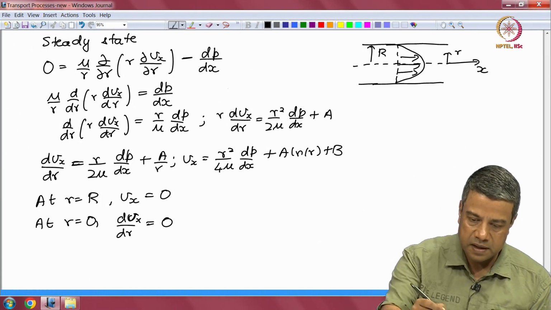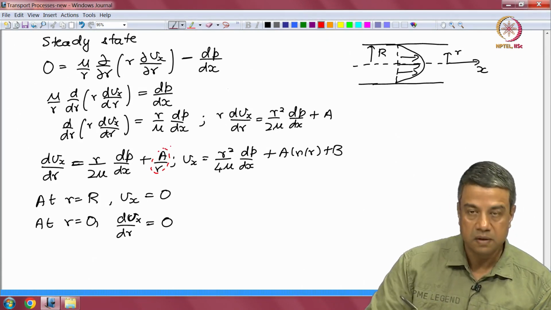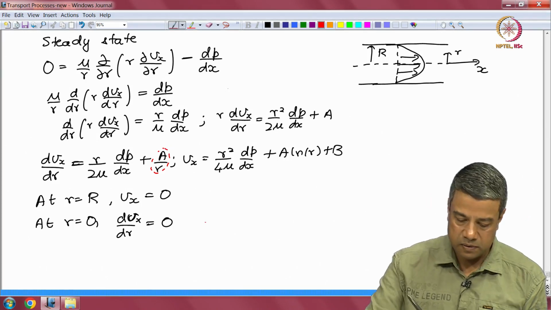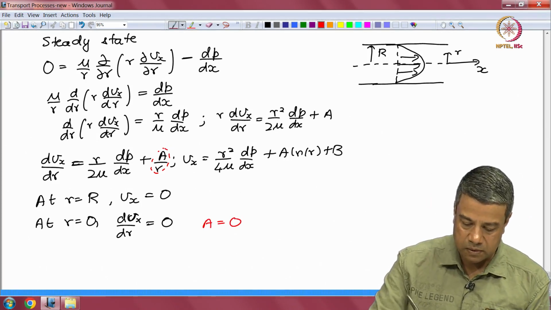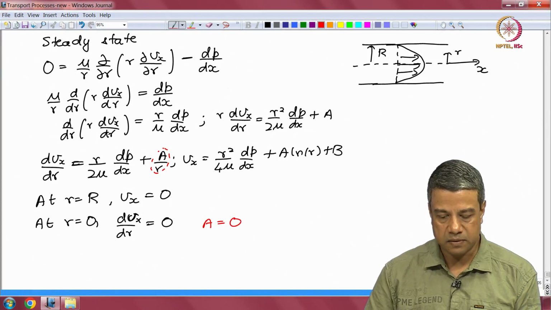So, dVx by dr is equal to 0 implies that A is equal to 0, because if A were non-zero, dVx by dr would go to infinity. Therefore, A has to be 0.